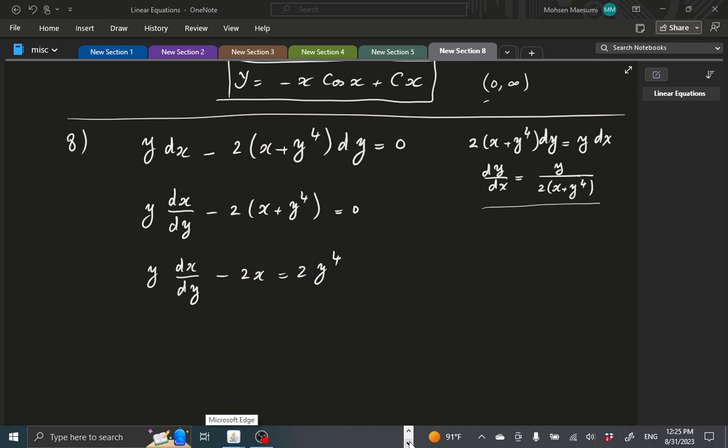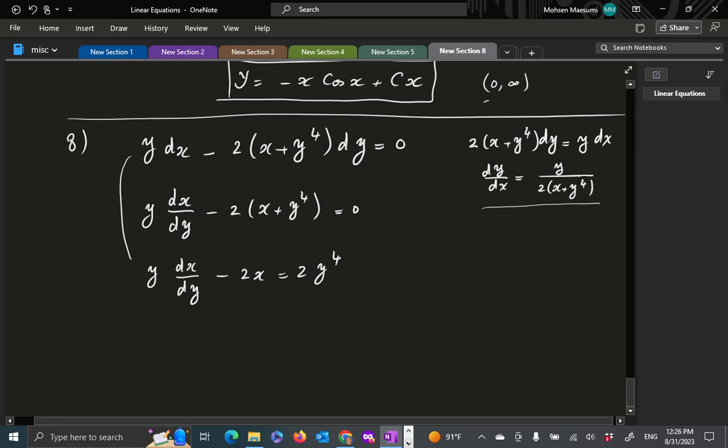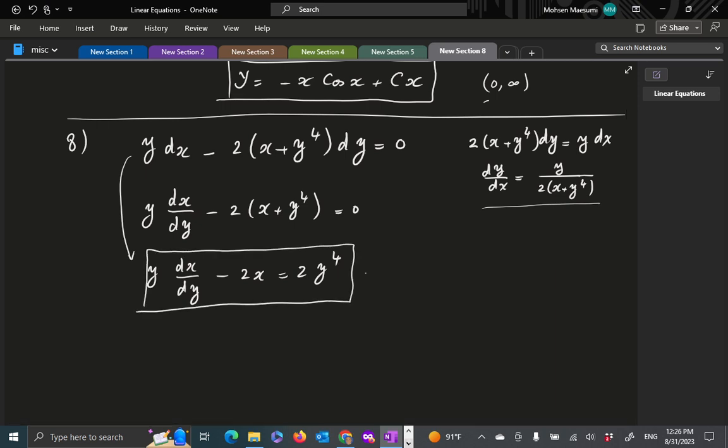Okay, so this equation is given. I rewrote it like this. Now, one more way of writing it, y x prime minus 2x is equal to 2y to the power of 4. So what does prime mean here? Prime means derivative with respect to y.